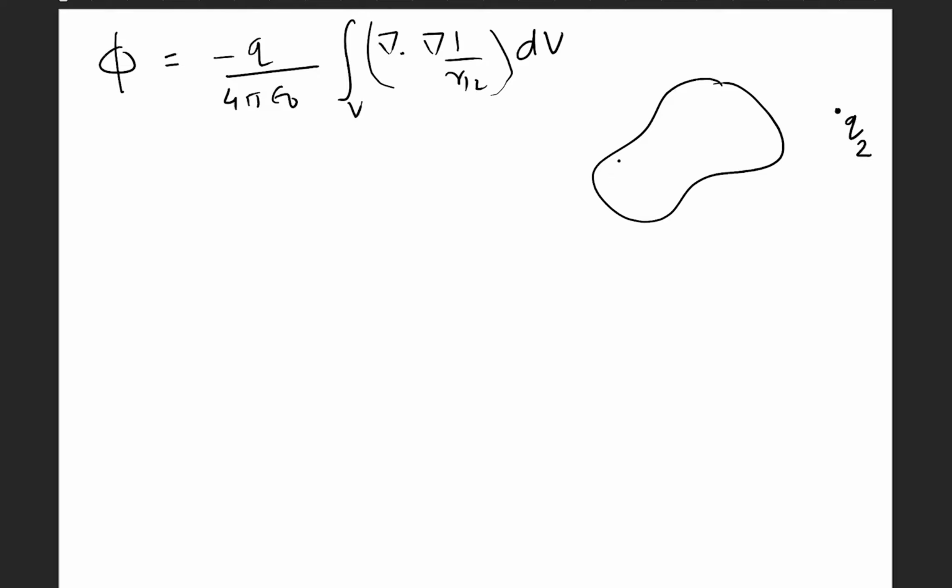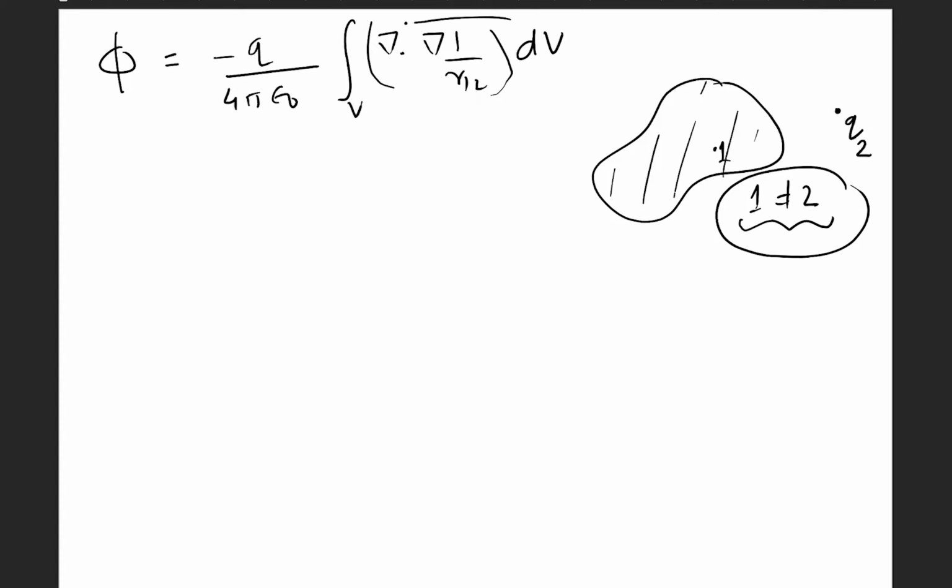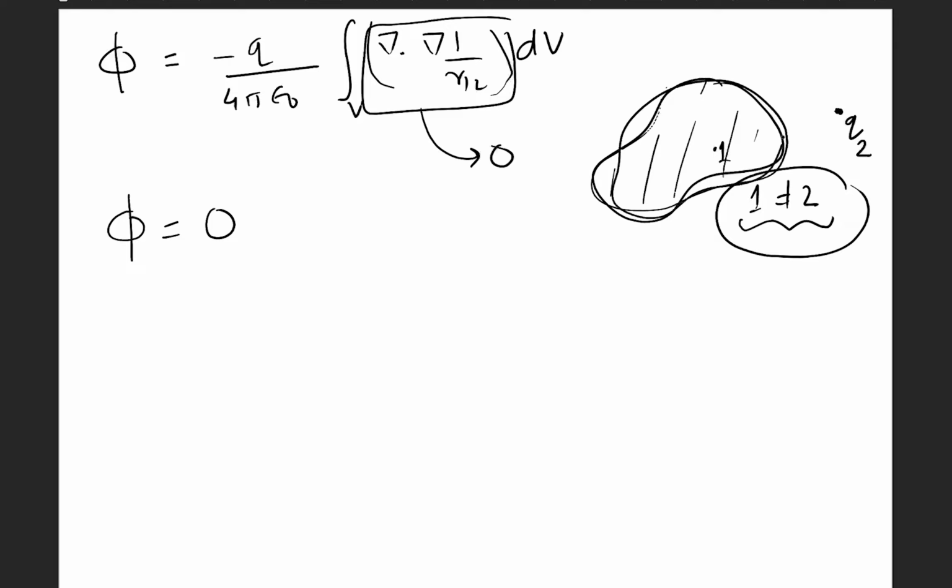For all the points on this surface, which is enclosing some volume, we see that this point 1 is not equal to 2. So when this is not equal to 2, this expression in the integrand goes to 0. So you see that phi is equal to 0 if this q is not enclosed inside this surface.